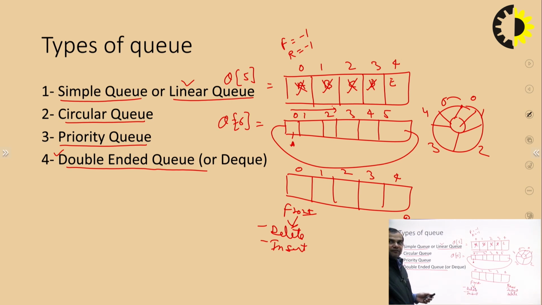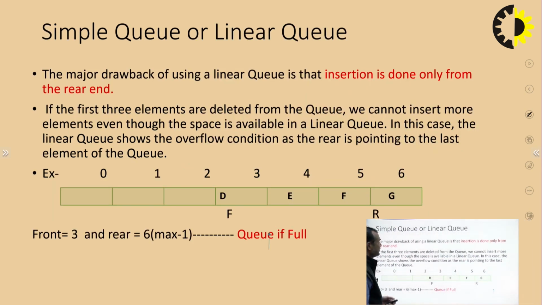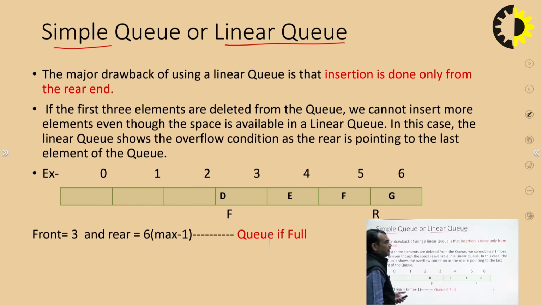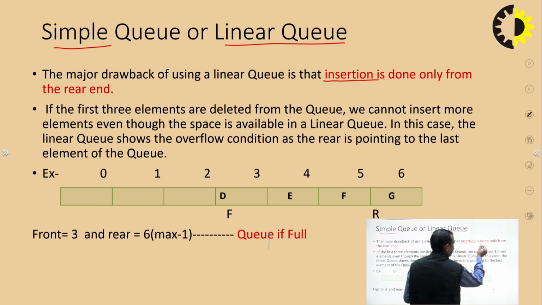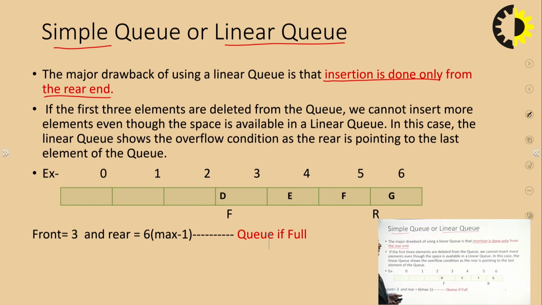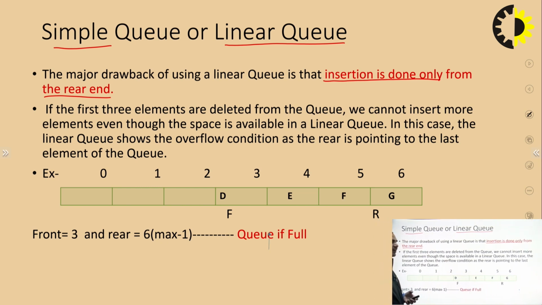So we have discussed here one by one what is a queue and its types. Now we define the operations. In the simple queue, the linear queue, we can insert only at one end, that is known as the rear. Similarly, we delete the element from one end, that is known as the front.